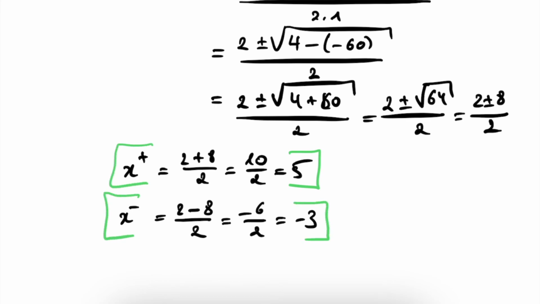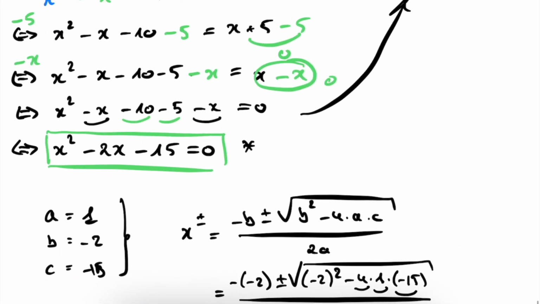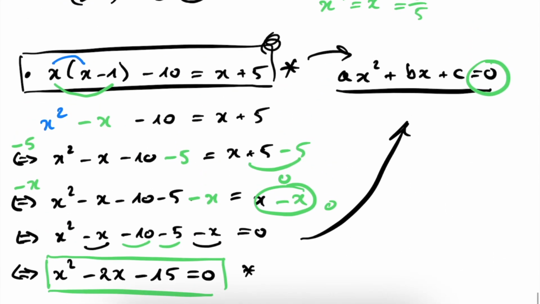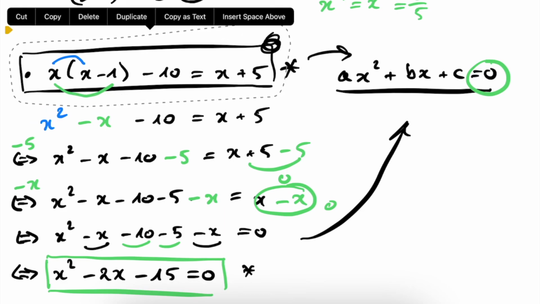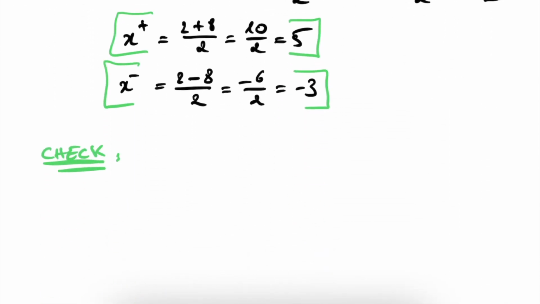And of course, which I leave as an exercise, is that you can now check whether you didn't make any mistakes. And in particular, you want to check these answers with this original equation here. So let's just copy this one and paste it over here.